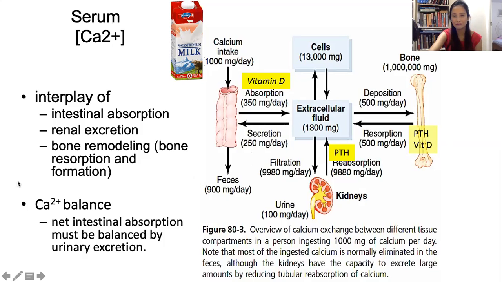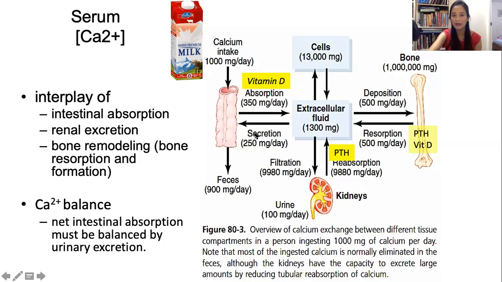Okay? So note that most of the ingested calcium that you eat is normally excreted in the same amount in the feces and in the urine, in normal physiology, of course. So your calcium balance will be a net balance of the intestinal absorption and your urinary excretion.